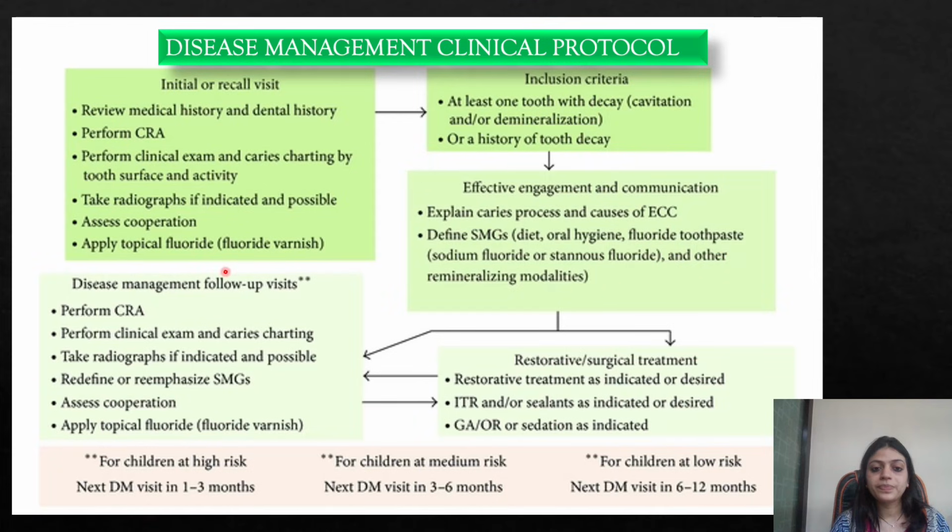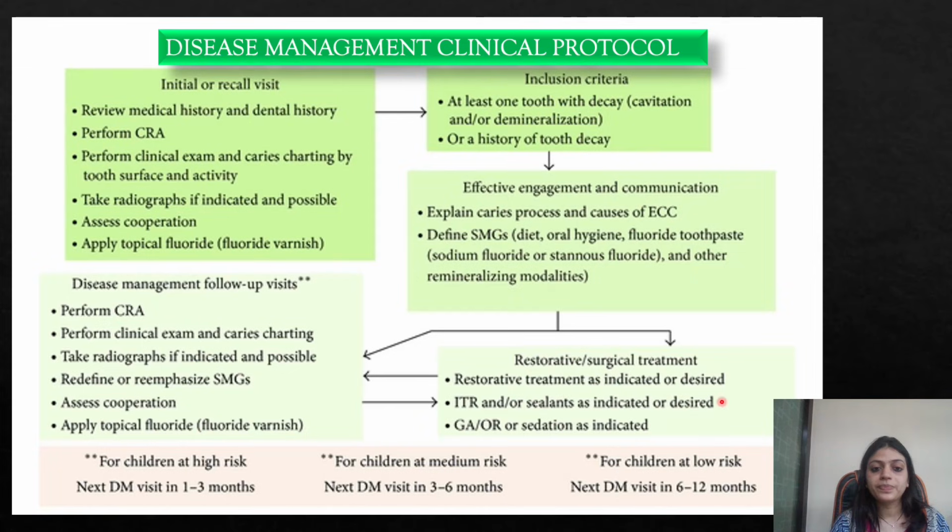During the follow-up visit, perform a caries risk assessment again. If the child was previously at high risk, now the child should fall into moderate or low risk. Perform clinical examination and caries charting, take radiographs if indicated and possible, redefine and re-emphasize the self-management goals, assess the cooperation, apply topical fluoride, and then last is the restorative surgical treatment.